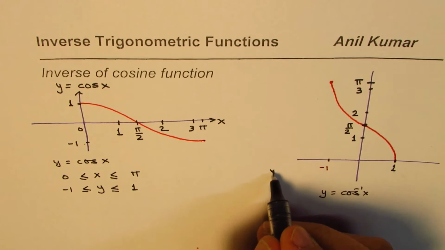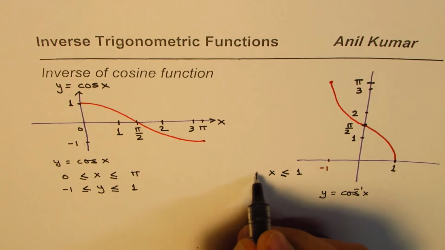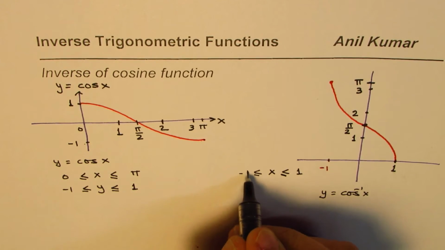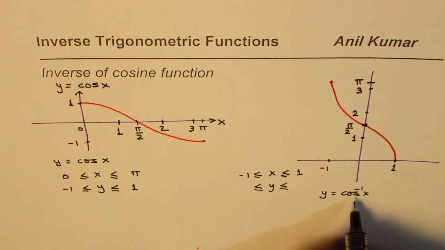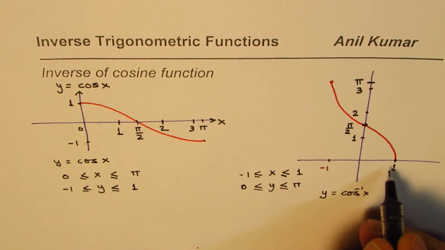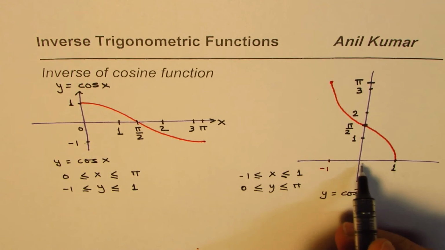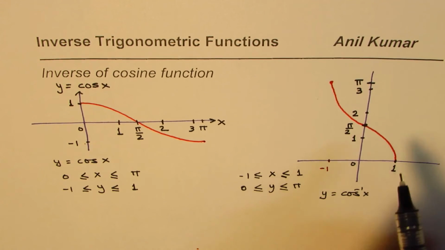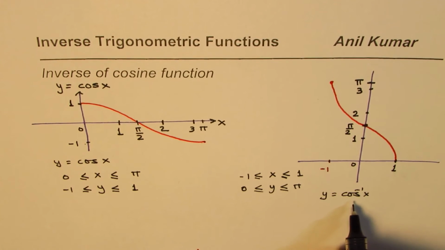So the x value here will be now between 1 and minus 1, and the y value, the range of cos inverse, will be from 0 to pi, right? So this is from minus 1 to 1, as you can see, right? And the range is from 0 to pi, right? So that's its cos inverse.